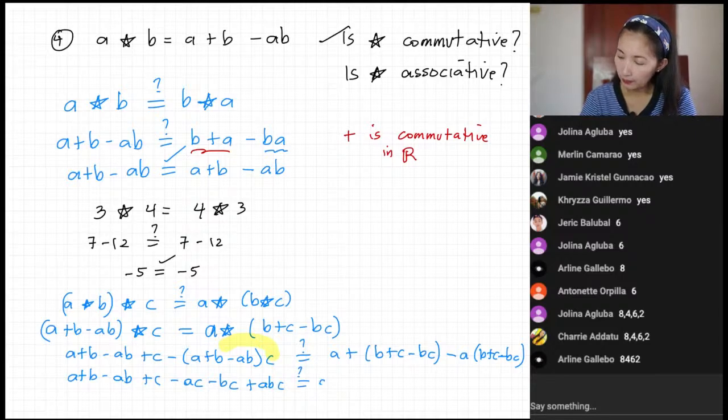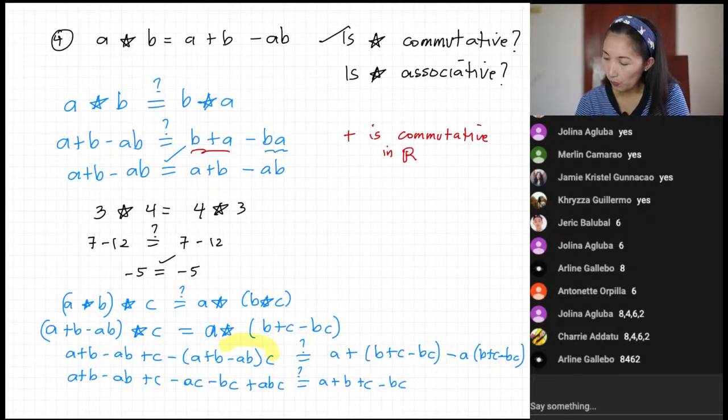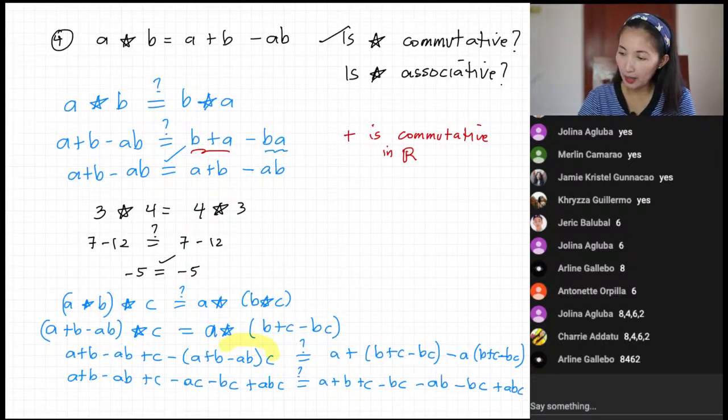A plus B plus C, minus BC, minus AB, minus BC plus ABC. You can check. There is A plus B plus C. Okay, correct.